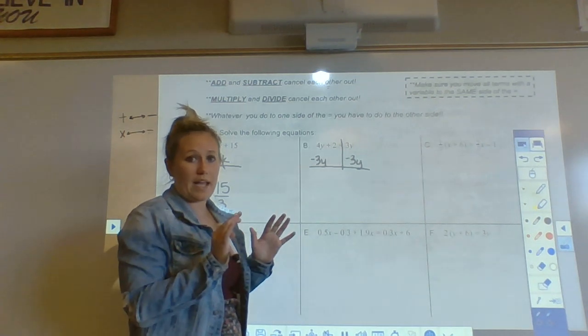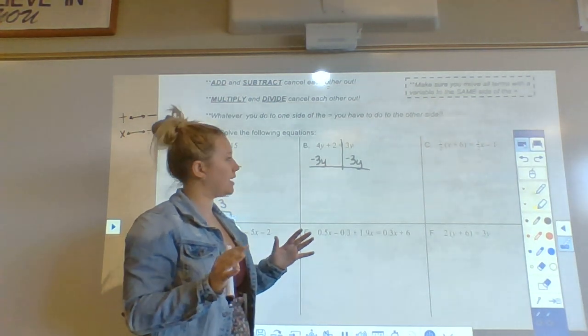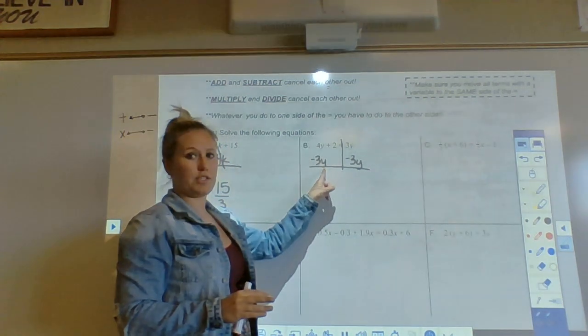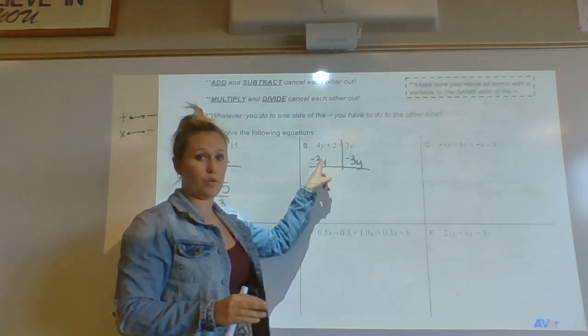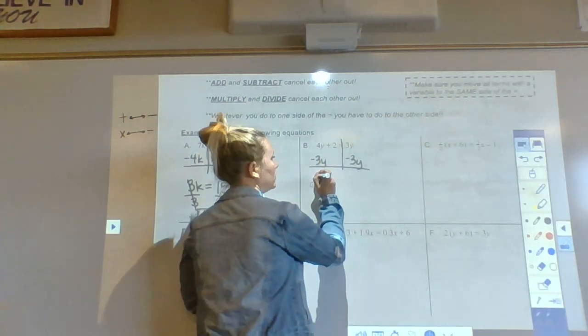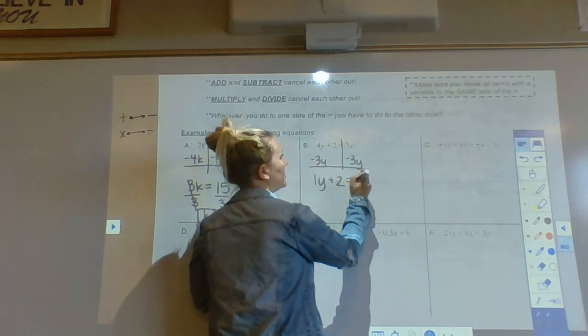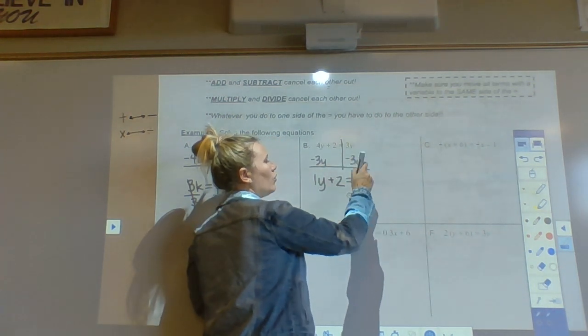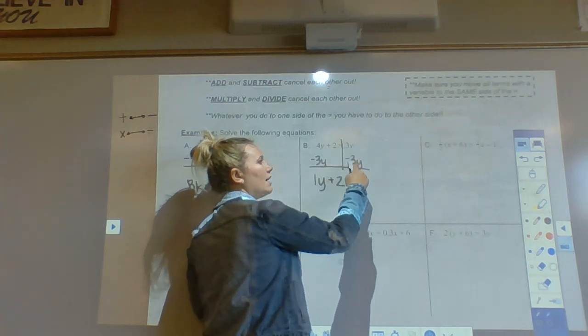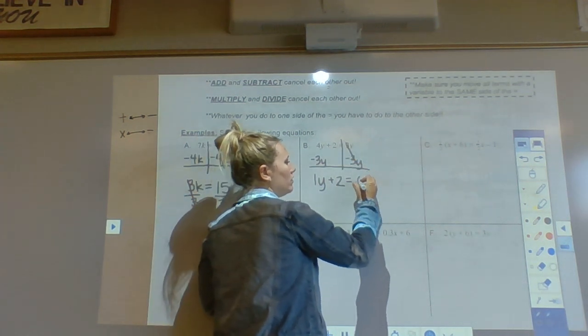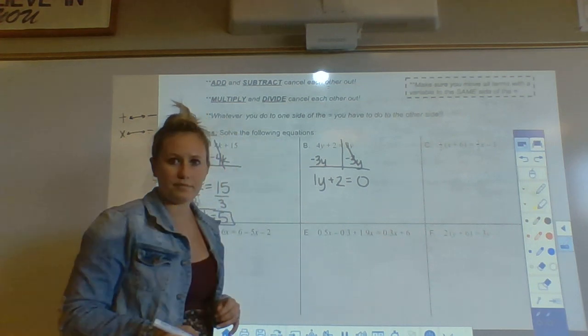That would just stay 2 minus 3y. It would just stay the same. But 4y minus 3y, we can do. So that's 1y, 4 minus 3, plus 2. And then on this side of the equal sign, we have nothing. 3y minus 3y, that's 0. Okay?